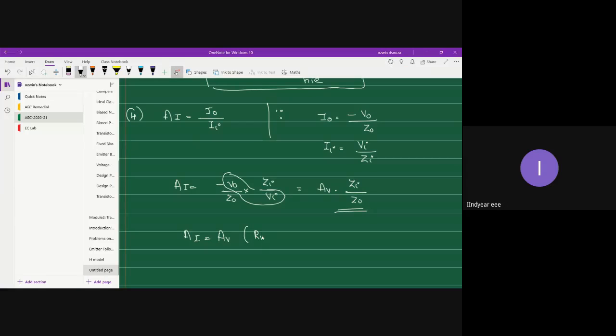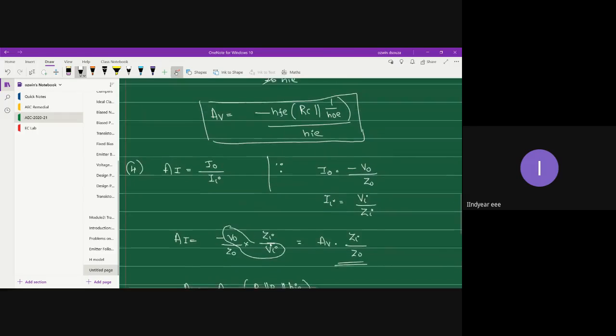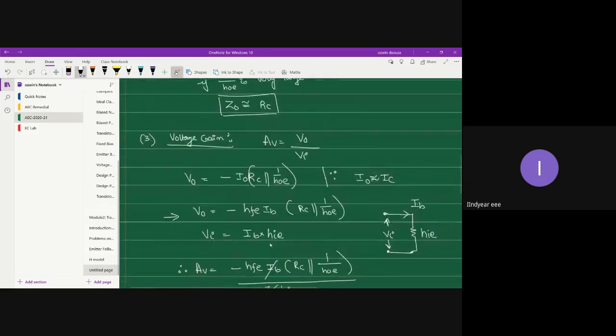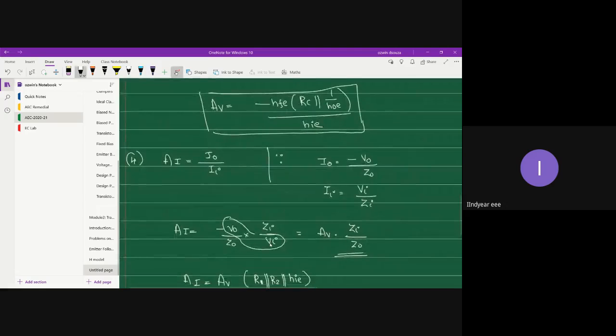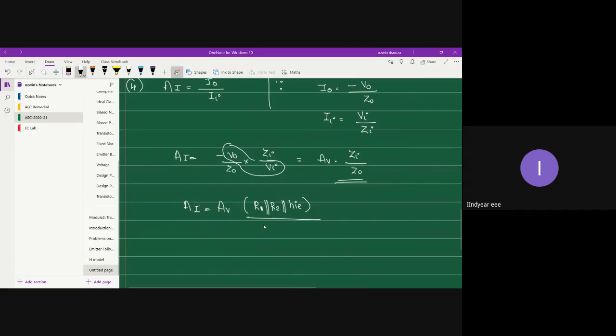Zi is R1 parallel with R2 parallel with HIE, and Z naught we just calculated: it is RC parallel with 1 over HOE.